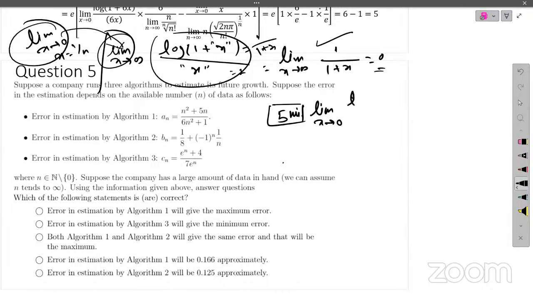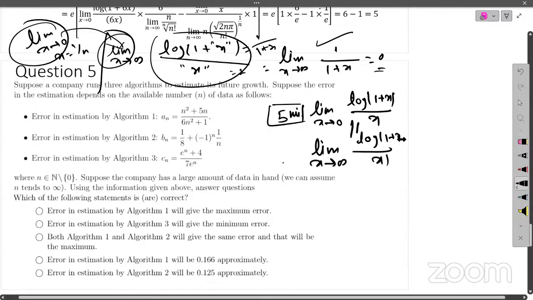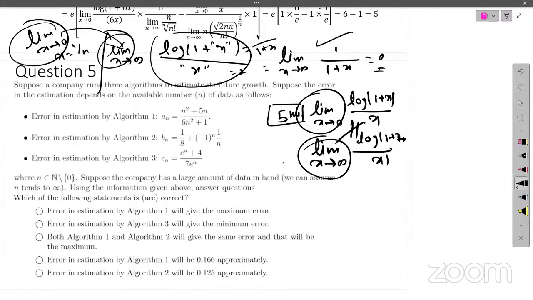So this is the thing. Limit x goes to 0 of log of 1 plus x upon x. And this is what you have done: limit x going to infinity of log of 1 plus x upon x. These two are obviously not equal, because the function is the same but the limits are different. Then if we make it 1 by x, the value will tend to 1, and only then are these limits the same.